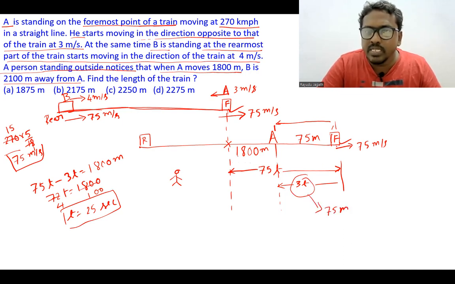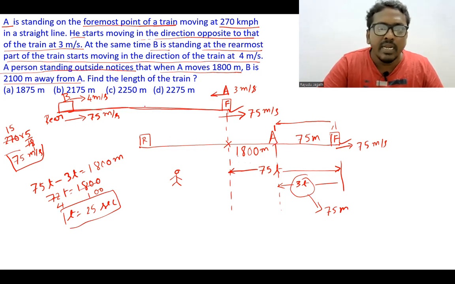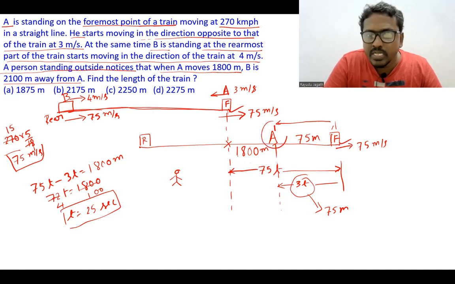So actually A's position was this, and now it is here. And it is also given that a person standing outside notices that when A moves by 1800 meters, B is 2100 meters away from A. So the A dash position is here, A's new position is here. From that point, B is observed to be 2100 meters. So this is B dash.